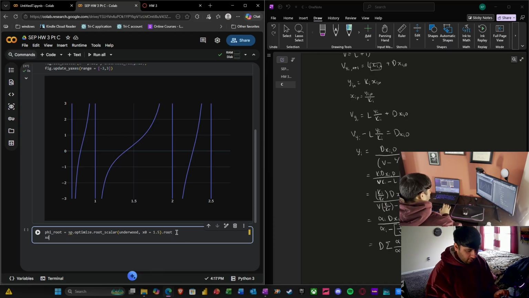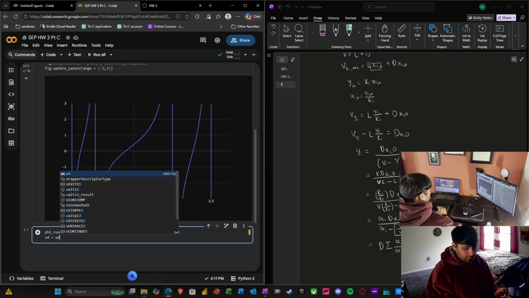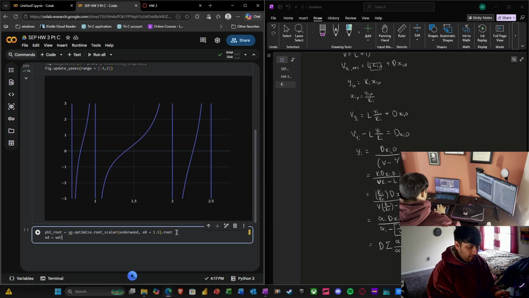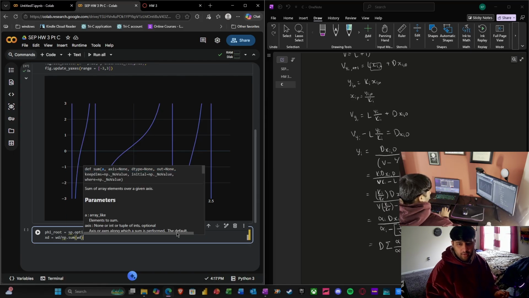And when I define xd, that's equal to wd divided by np dot sum of wd.